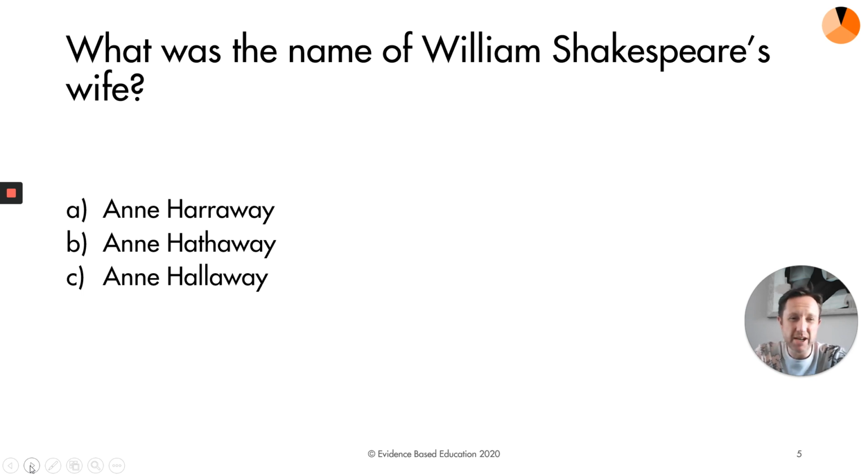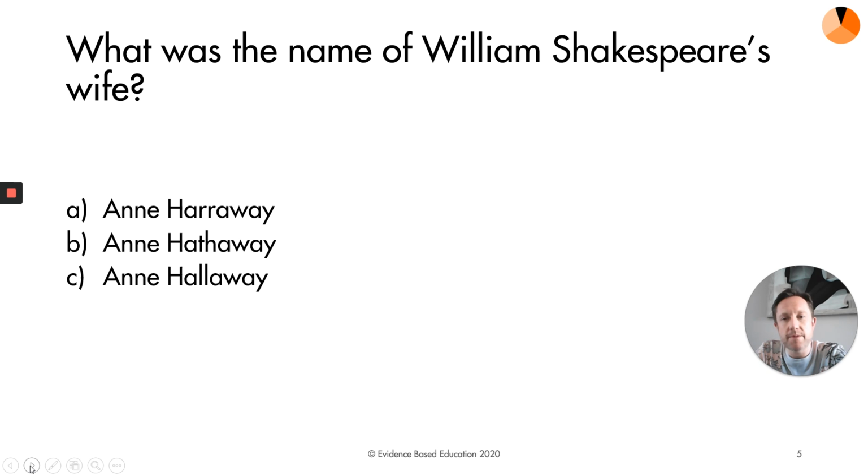Generally speaking, it's good practice if you are showing responses that you use a vertical formatting like this, and then also use letters rather than numbers. And that's just for the ease of use and the clarity with which students experience each individual question.